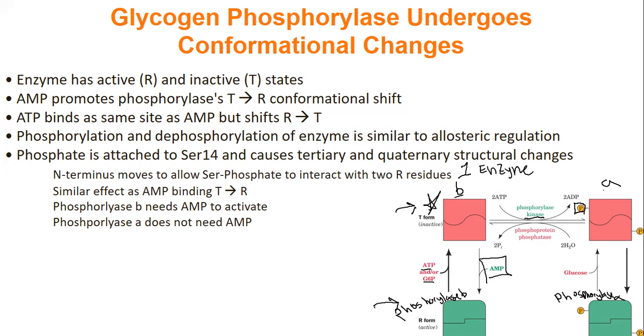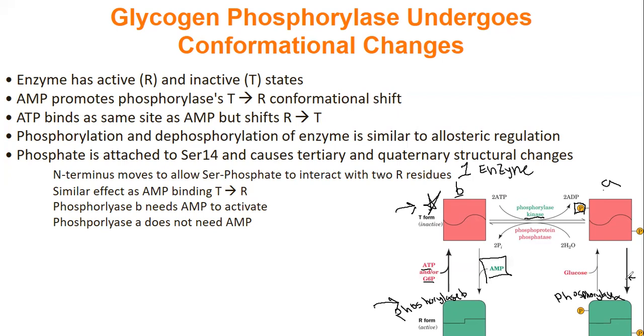Once a phosphate is added, you more or less automatically go to the R state. That's what this arrow is showing, right? This arrow is thick and it's saying once you add that phosphate to this enzyme, you are in the R state. You are ready to break down glycogen.